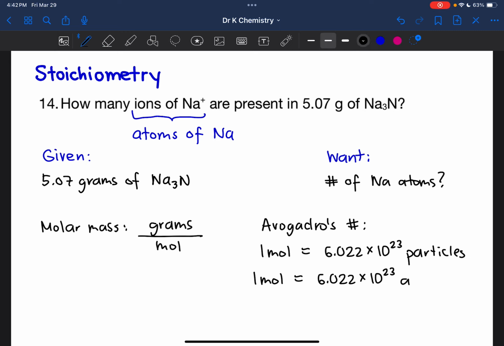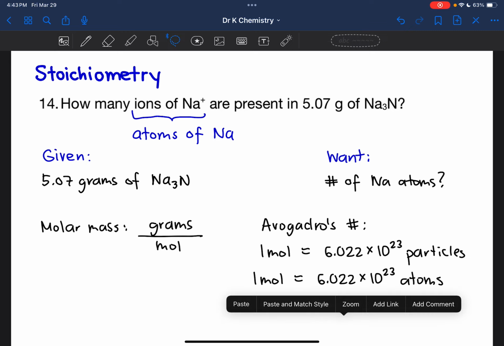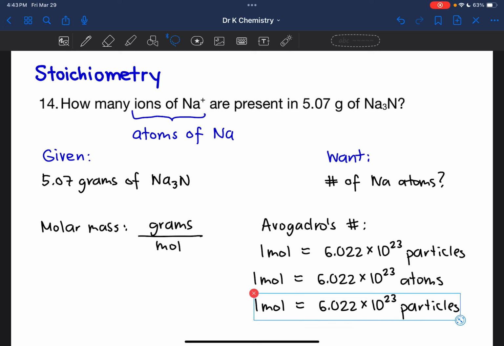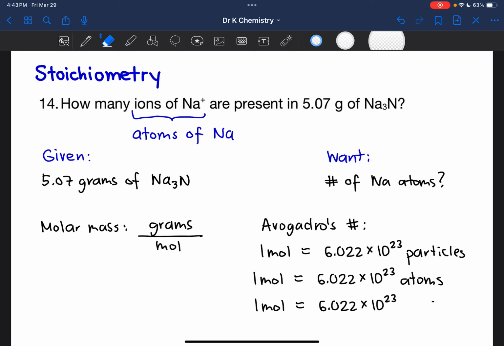It could be atoms, it could be molecules, it could be referring to any kind of particle. So if you see moles, or if you see atoms anywhere in the problem, it could be atoms, it could be ions, Avogadro's number is what's going to get you there eventually.